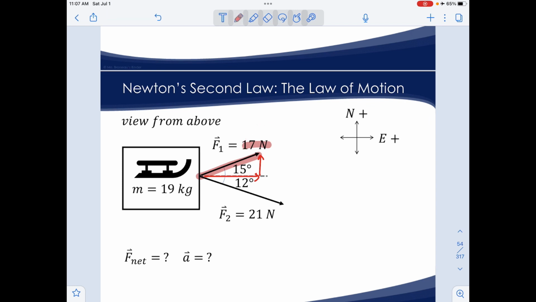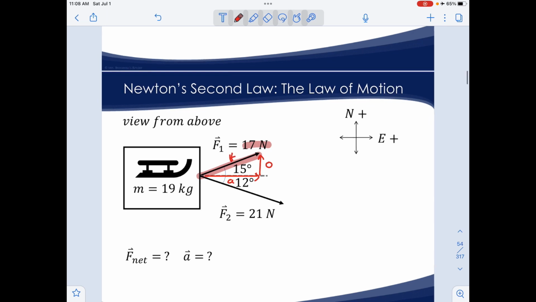So we could say, using SOHCAHTOA, that this is opposite and this is adjacent and this is hypotenuse, right? So we know that sine of 15 degrees is going to be the opposite over hypotenuse. Now our hypotenuse is our 17 newtons. And our opposite, what is this over here?